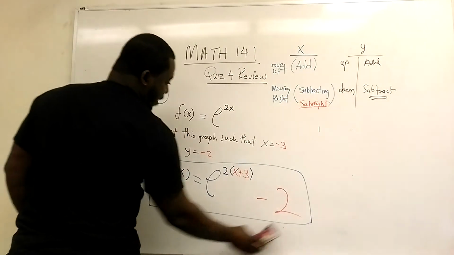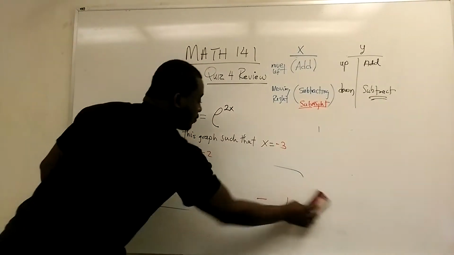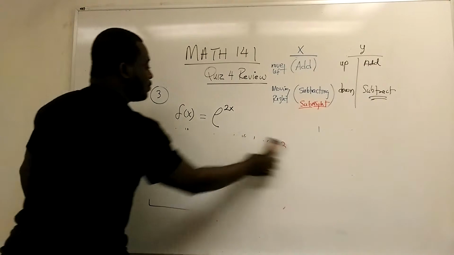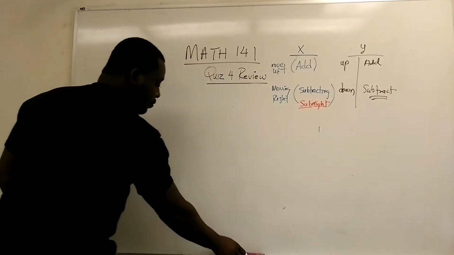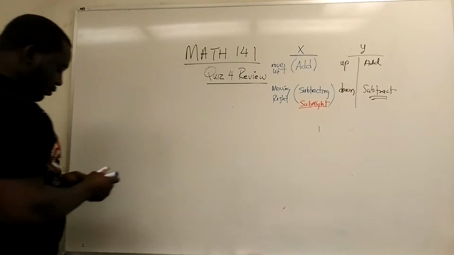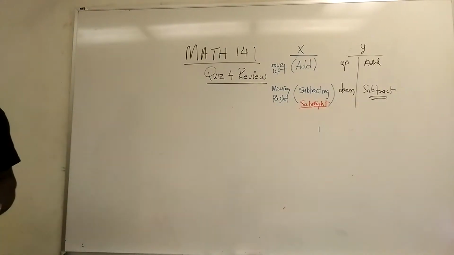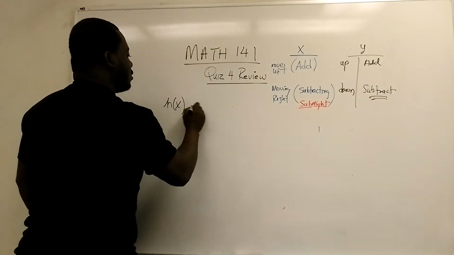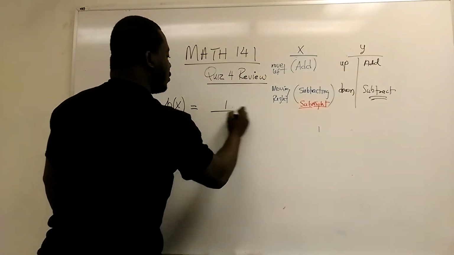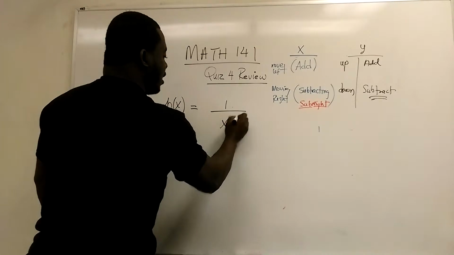Let's do one that has a fraction in it. Let's do one with a fraction. So let's say I have h of x equals 1 over x squared.